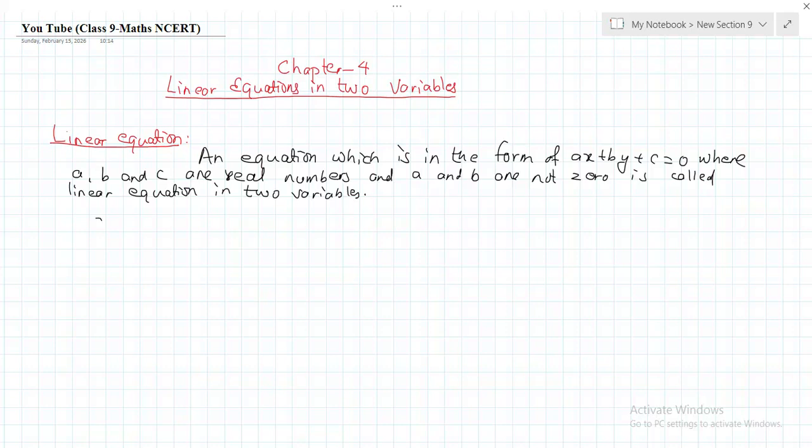Okay, so let us take one example: 2x plus 3y plus 5 equal to 0, or x minus 6y plus 9 equal to 0.